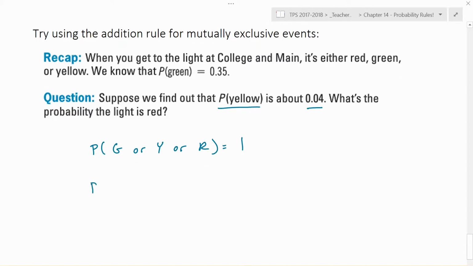So if I want to know the probability that the light is red, I'm going to subtract from 1. I'm going to use both of my rules. I'm going to find 1 minus the probability that the light is green or yellow.